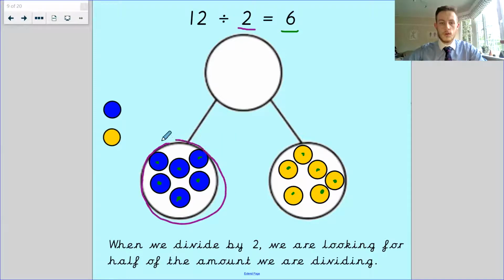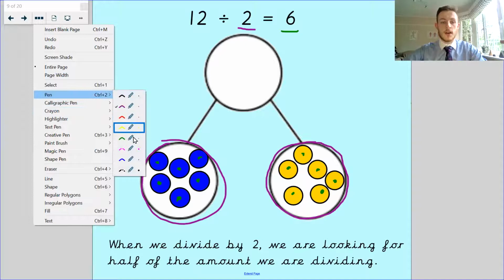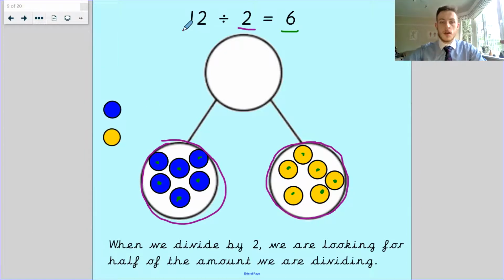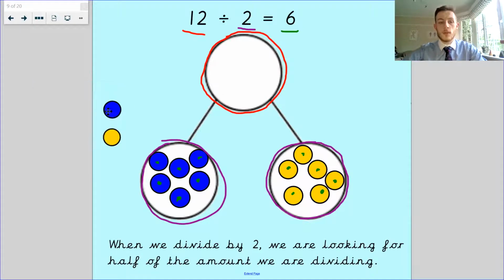One group, and that's the second group. 2 groups I've split it into. I've then got my final amount, which is my total, which is 12. Now 12 will go in the total amount up there. It's just a different way of looking at it, whatever way works for you.